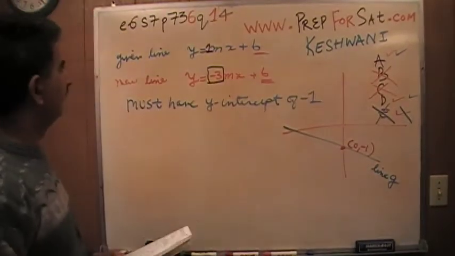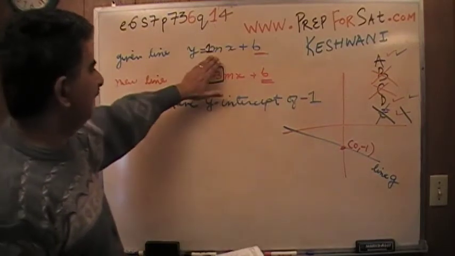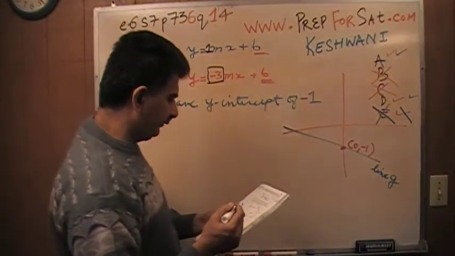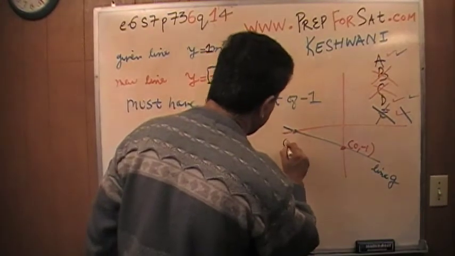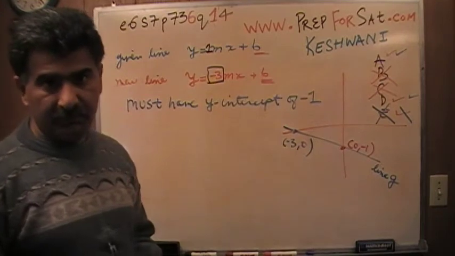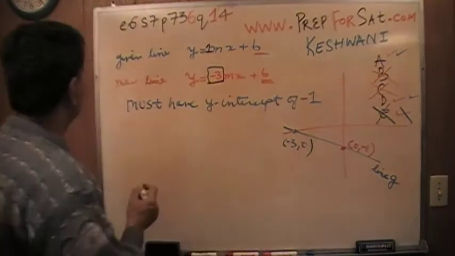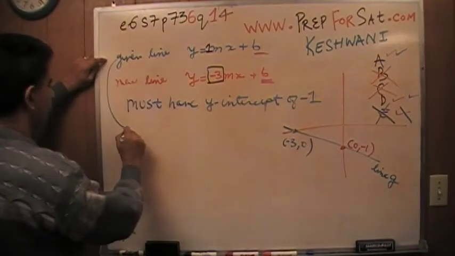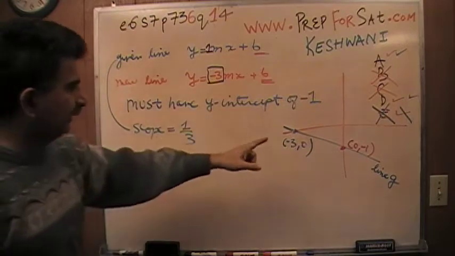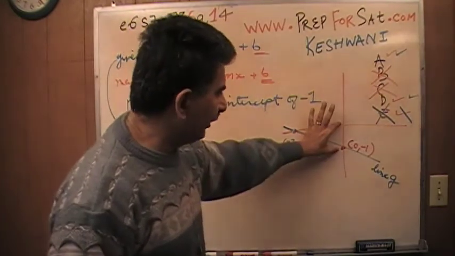What else do we know? Let's find out the actual slope. Actual slope in this case, as you can see, it goes through negative 3 and 0, and 0 and negative 1. Slope of this original line is 1/3. The change in y is 1, change in x is 3. Rise, which is 1, over run.